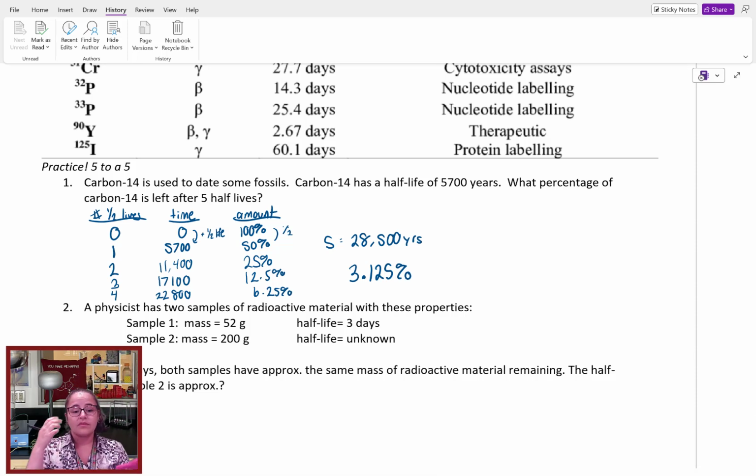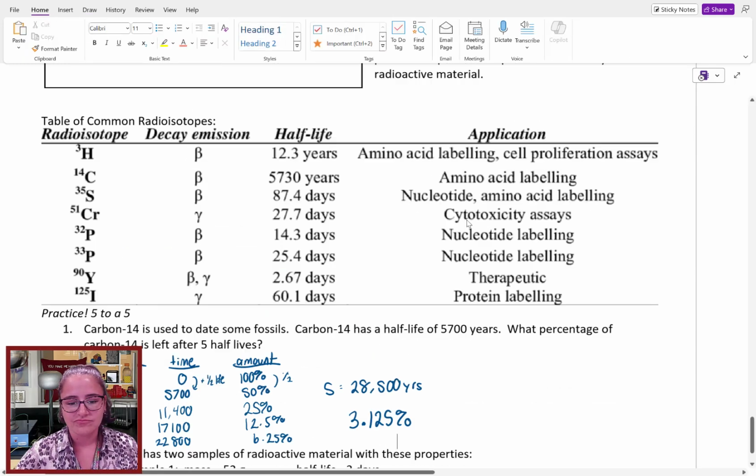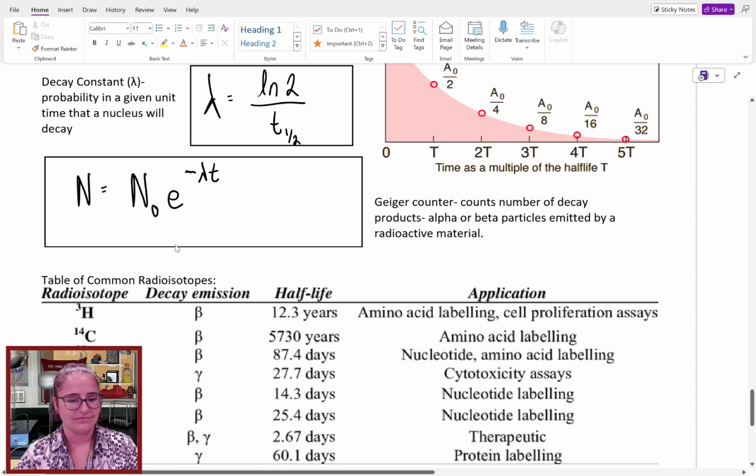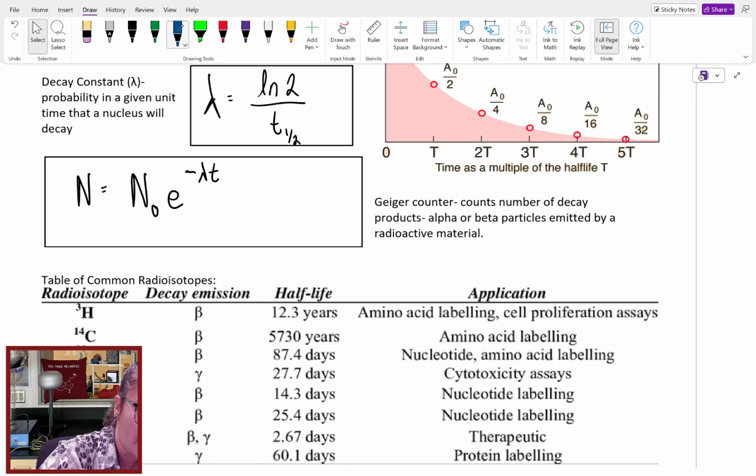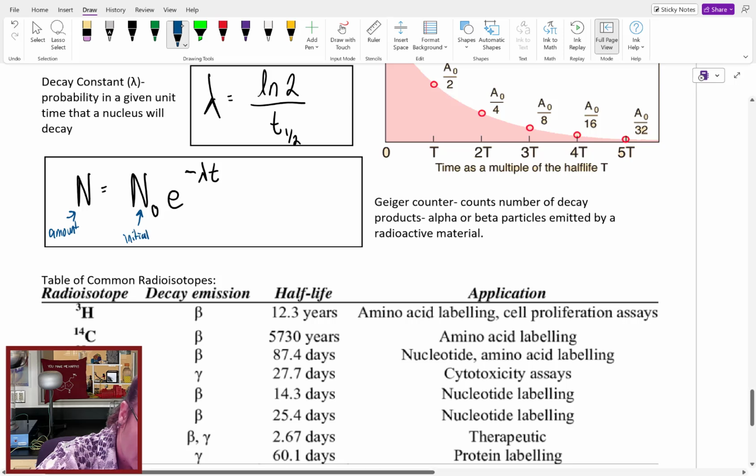Now, I could have also done this using this equation. Let's go ahead and label this up here too. N is going to be your amount, which could be in any units, where N naught is your initial amount.